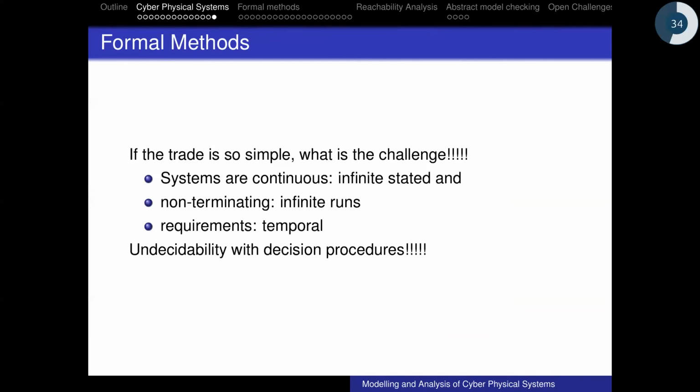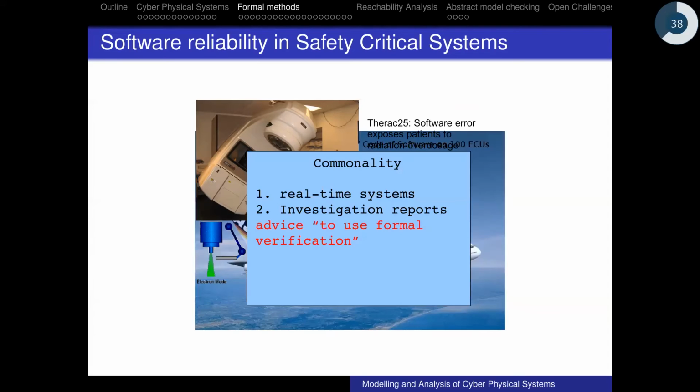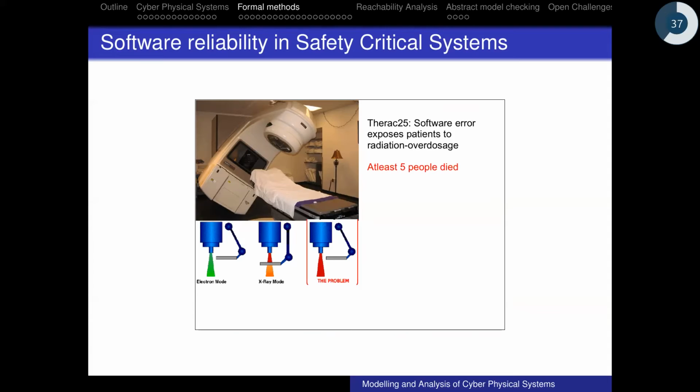And what you are seeing in here is a cancer treatment machine that subjects the patient to high intensity radiation, right? In this case, this is a machine from a Canadian manufacturer. At least 5 to 6 patients who were treated with it have died because of wrong operation of the electron gun.